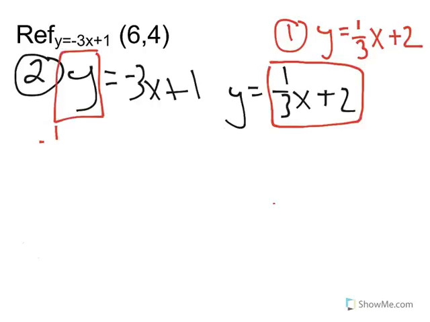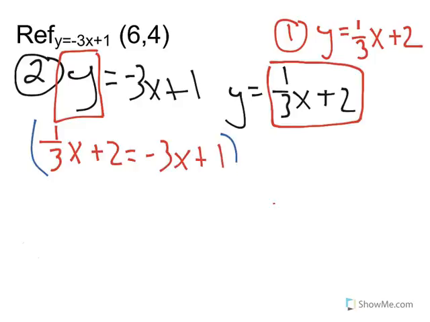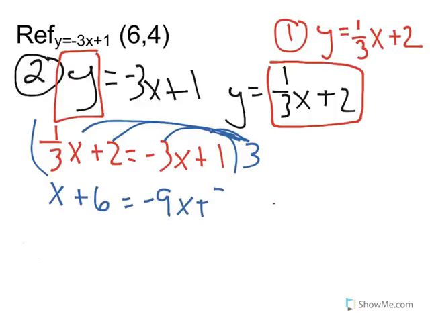So 1/3 x plus 2 is equal to negative 3x plus 1. I'm going to multiply everything by 3 to clear the fraction. Make sure you multiply everything. So that becomes x plus 6 is equal to negative 9x plus 3. When I add 9x, I get 10x, and when I subtract 6, I have negative 3. So x equals negative 3 over 10.